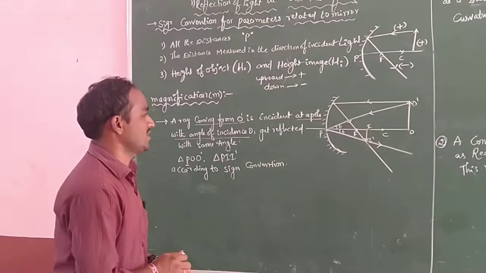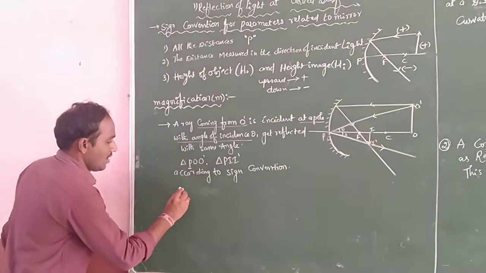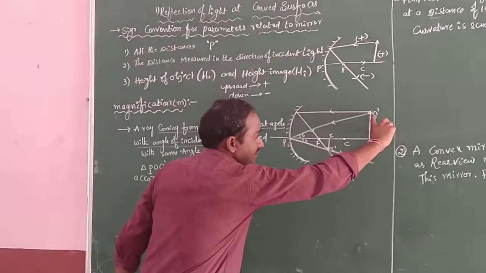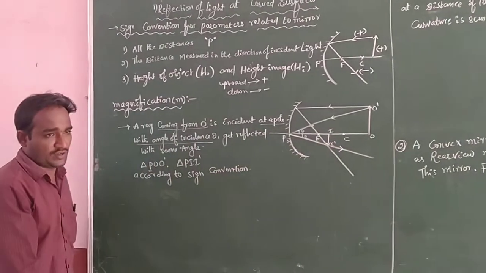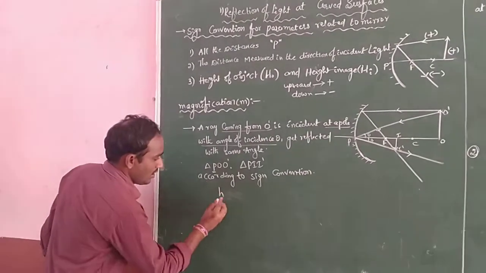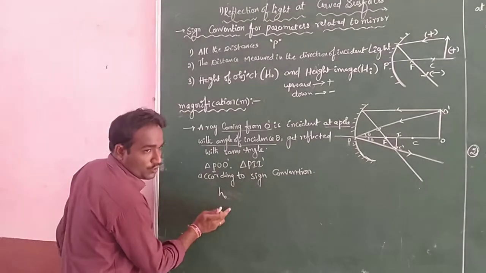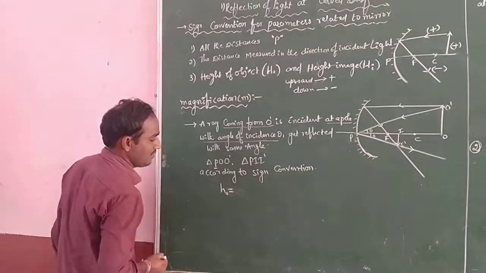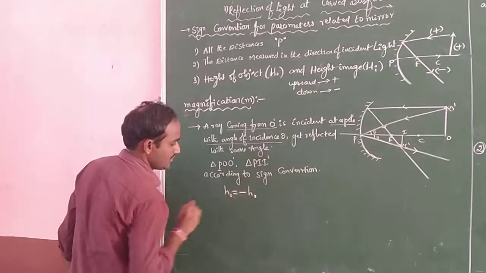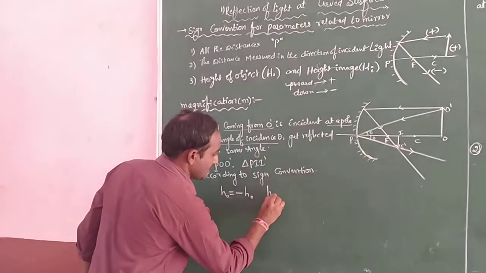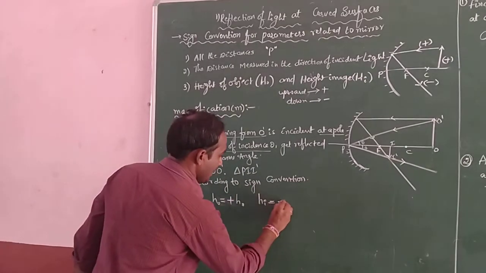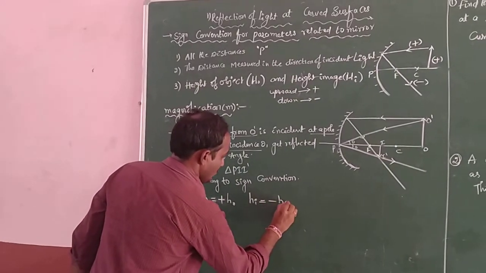According to sign convention rules, here we have the object distance, image distance, object height, and image height. So how can we take them? Here the object distance is HO, which we take as minus HO, and the image height HI is also minus HI.